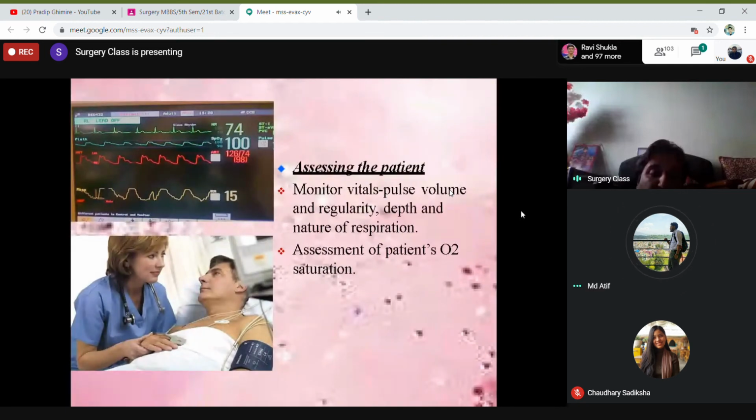There is a picture, where you can see the monitor. The monitor shows the heart rate of the patient and the saturation of the patient.